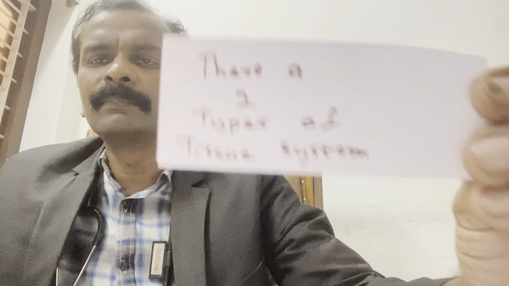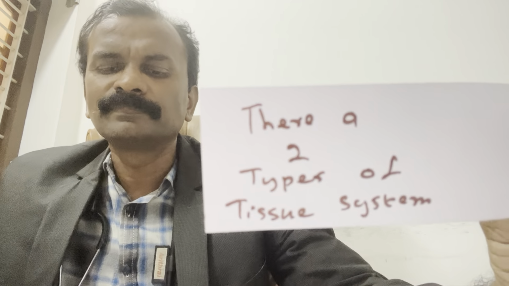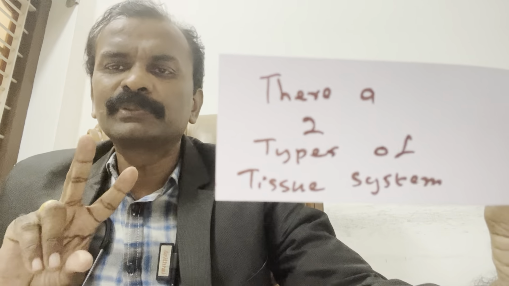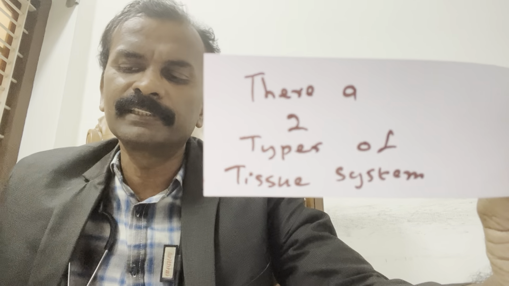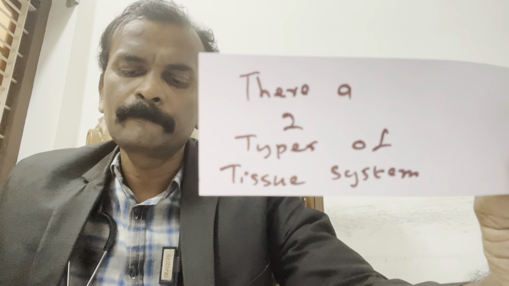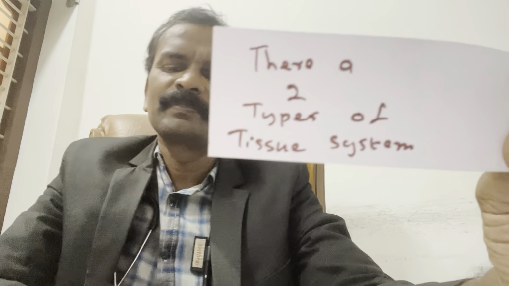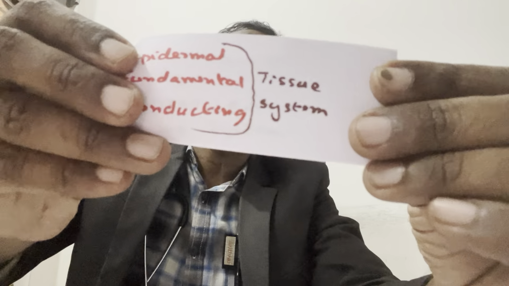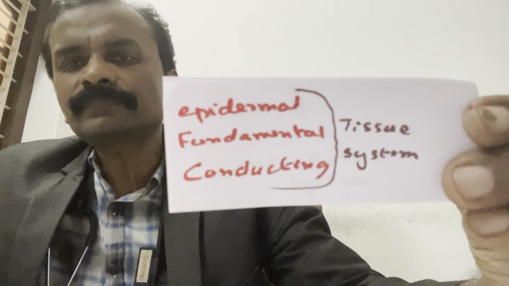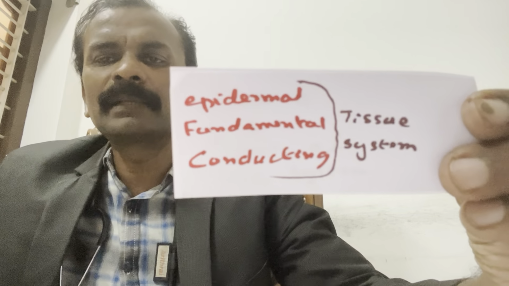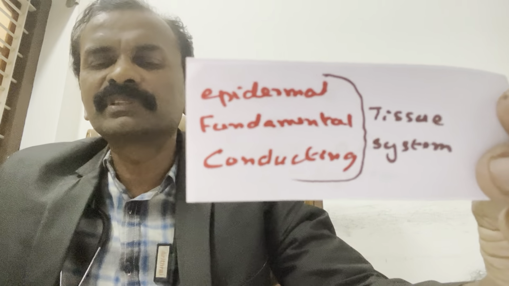There are two types of tissue system. True or false? There are three types. First is epidermal tissue system. Next is fundamental tissue system.